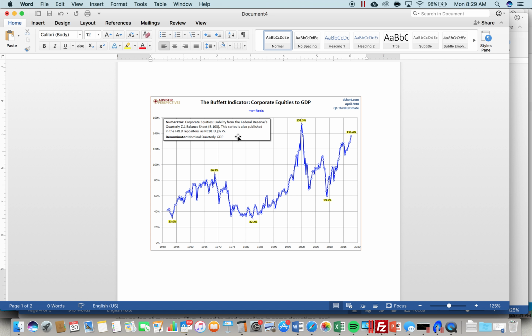You can see that at market bottoms, for example, in the early 1980s, total market cap was like a third of GDP. At the market peak, just prior to the tech stock crash, market capitalization was 150% of GDP. And at the recent market bottom in 2009, it got back to 60%. Now we're back at 136% again.